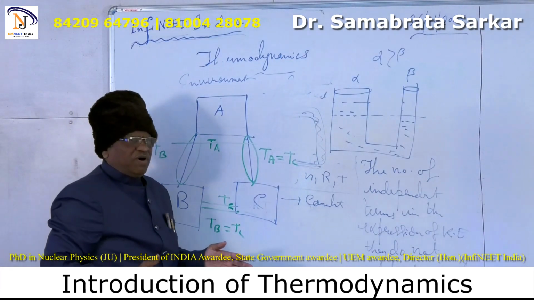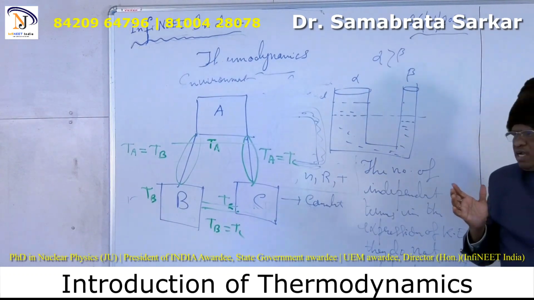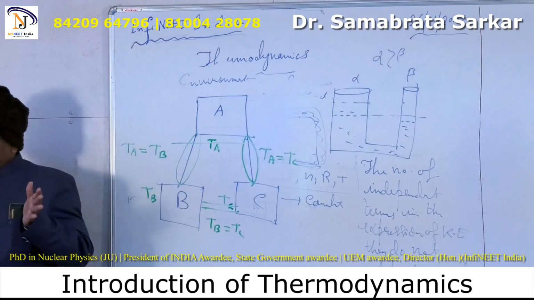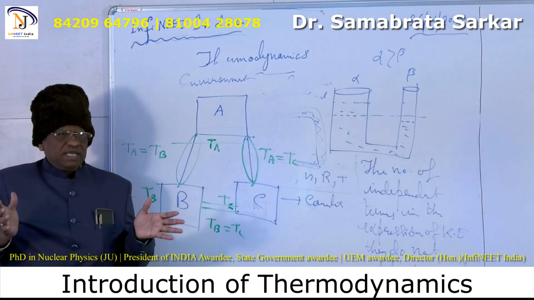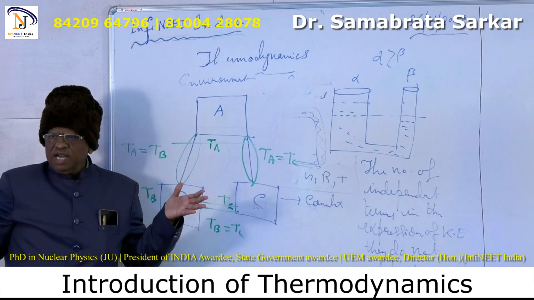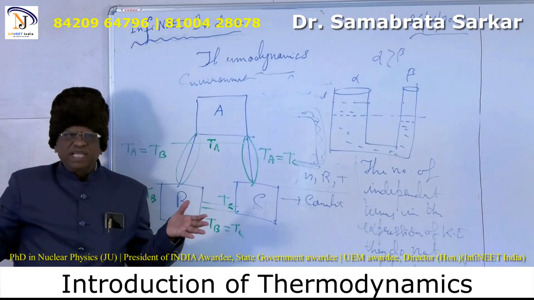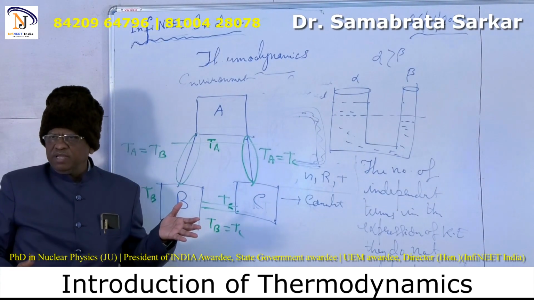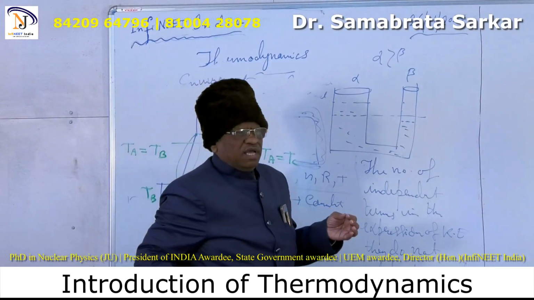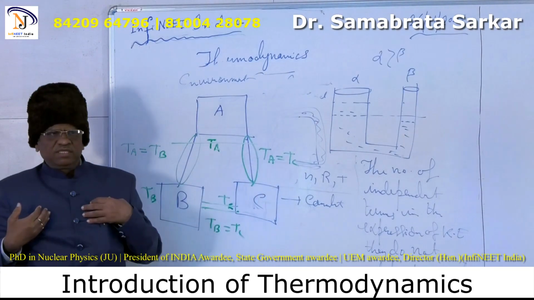So I suppose you have understood what the zeroth law is, what a real gas is, and what the difference is between a real gas and an ideal gas. We are all real human beings, and it is not expected that we will be ideal human beings. If you consider the case of Swamiji, he was an ideal human being more or less with reference to us.